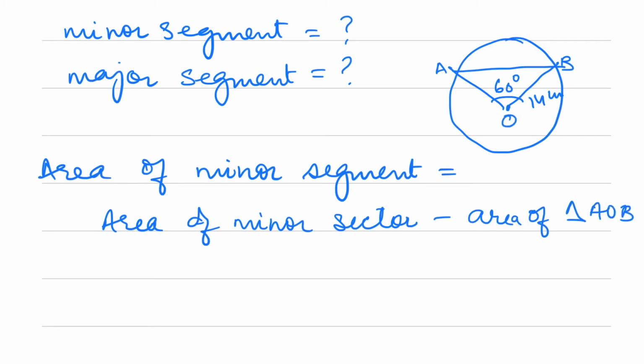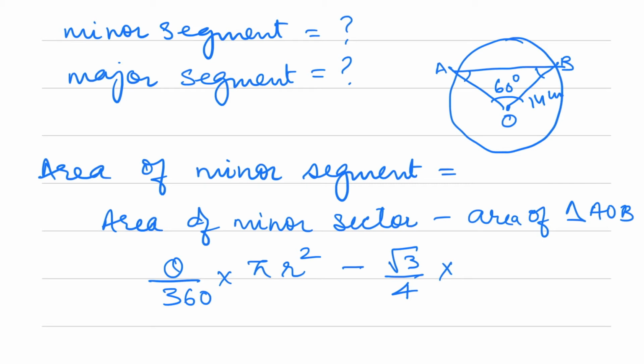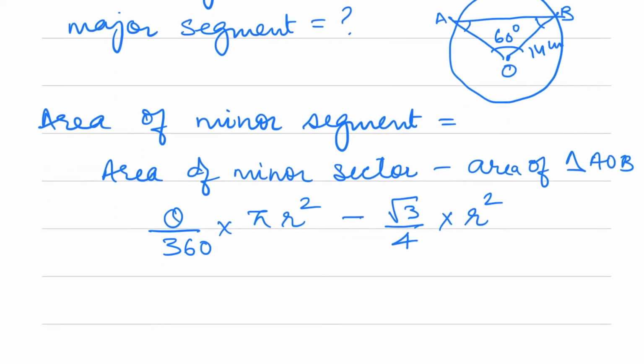So area of minor sector will be equal to theta by 360 into pi r square minus area of triangle. As the central angle is 60 degree and other two angles will also be equal, as OA is equal to OB, both are radii, so we can take these two angles as 60 degrees, so it is an equilateral triangle. So area of triangle will be root 3 by 4 into radius square.